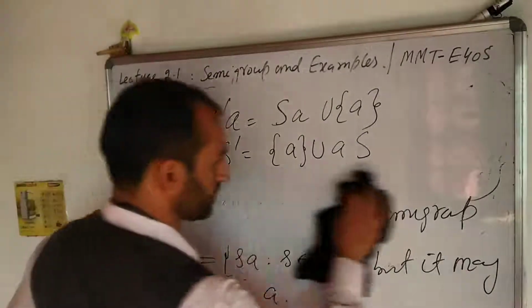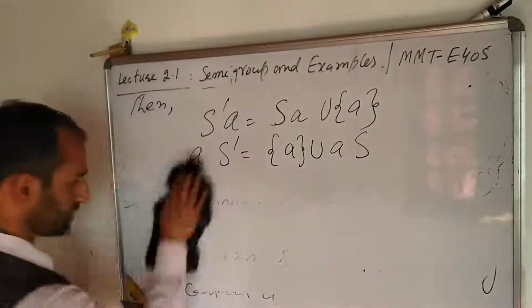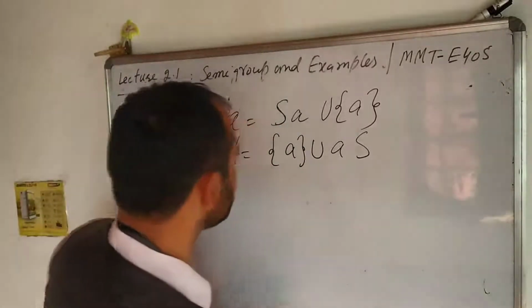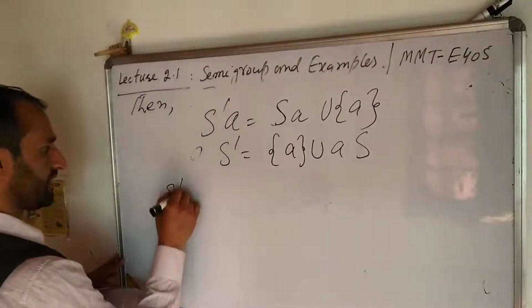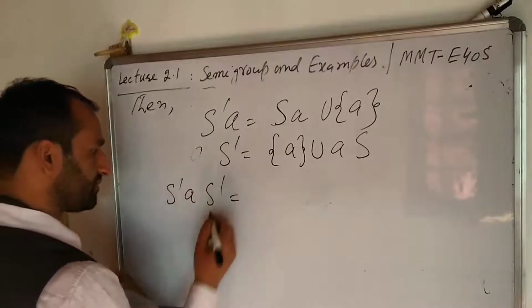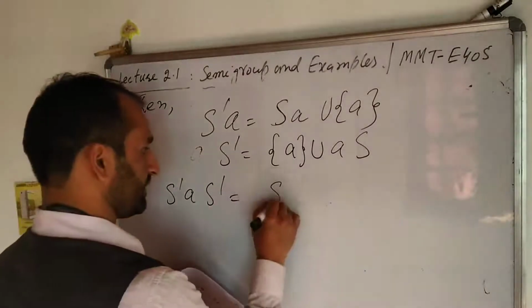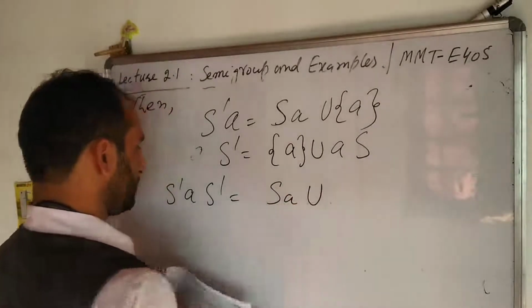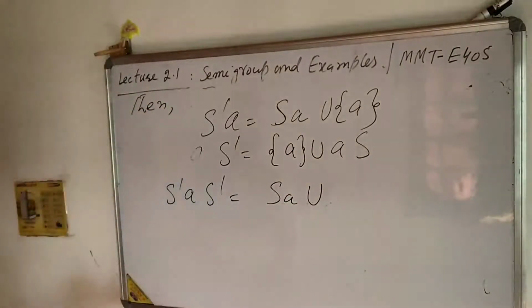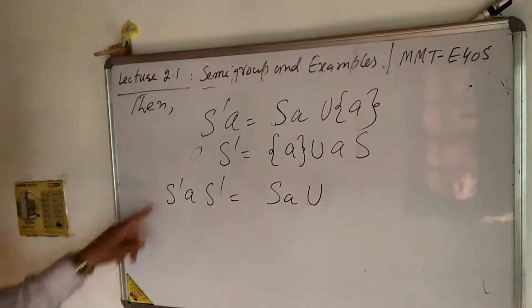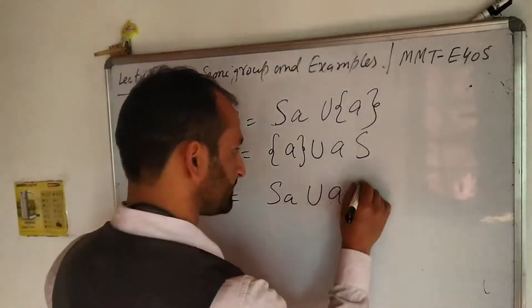now we'll take S1A S1. What's S1A S1? It will be equal to SA union AS. If you take element 1 in S1, it will be AS.